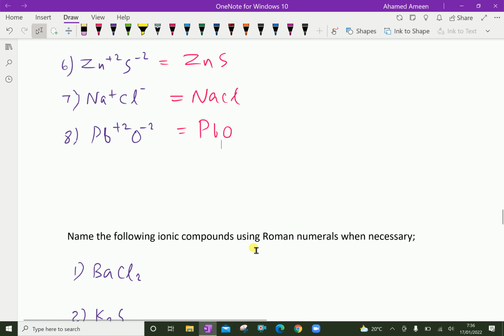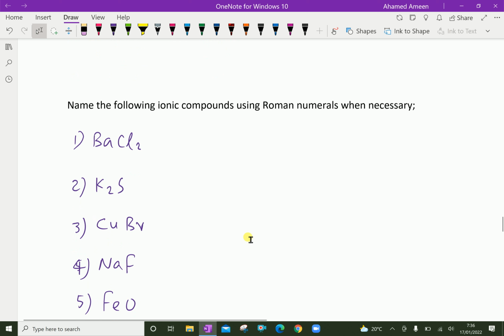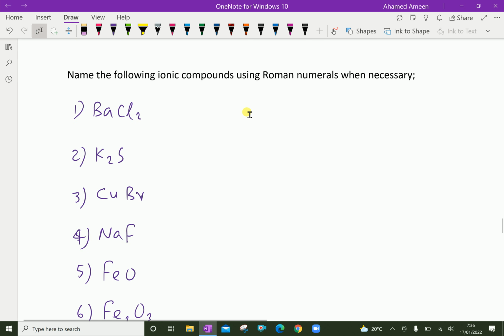Now we'll go further. Name the following ionic compounds using Roman numerals when necessary. Here BaCl2 is barium chloride.